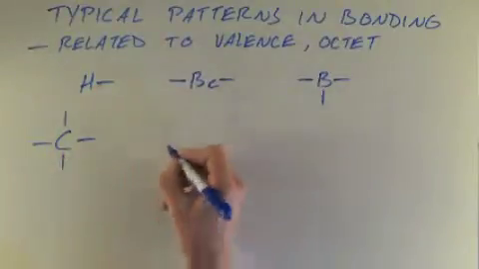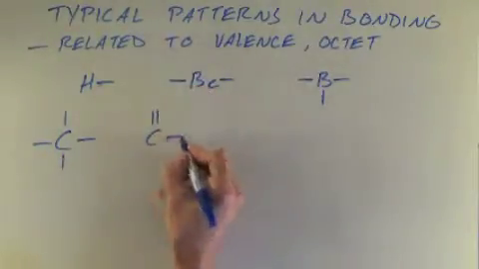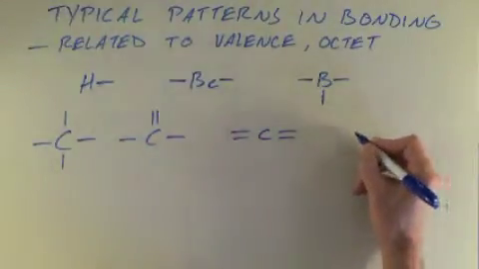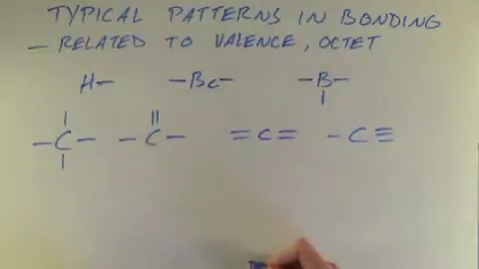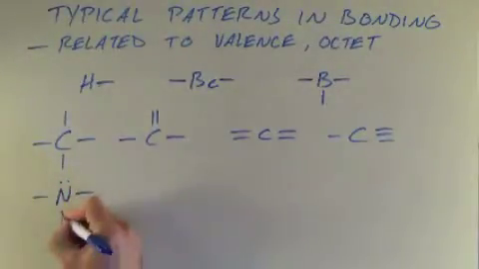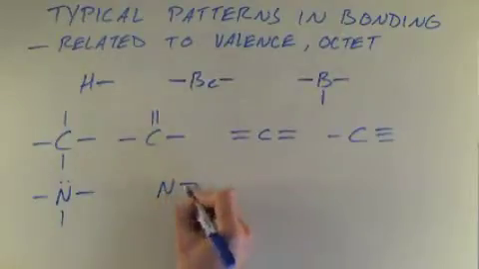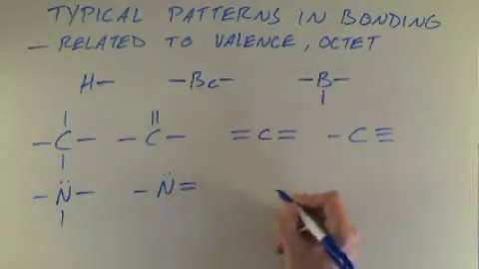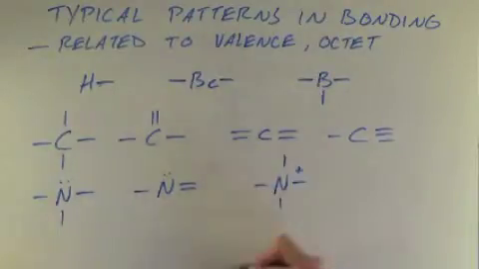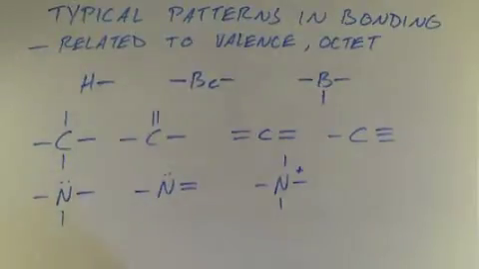Carbon, 4 bonds. But those 4 bonds can be arranged in these different ways. We can have 2 single bonds and a double, we can have 2 doubles, we can even have 1 triple and a single. But it's always the same valence every time you do that. Nitrogen, typically 3 bonds and 1 pair of electrons, typically referred to as a lone pair. And again, it can also make double bonds, and sometimes you'll even see it like this, ionized with 4 bonds on it.